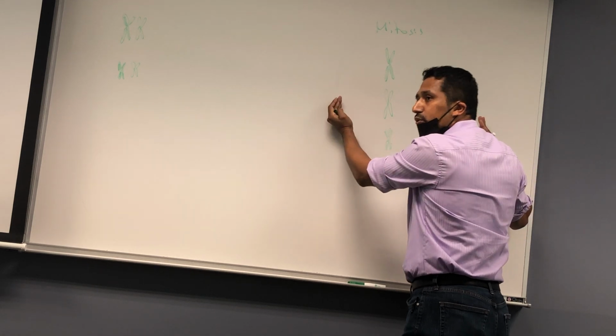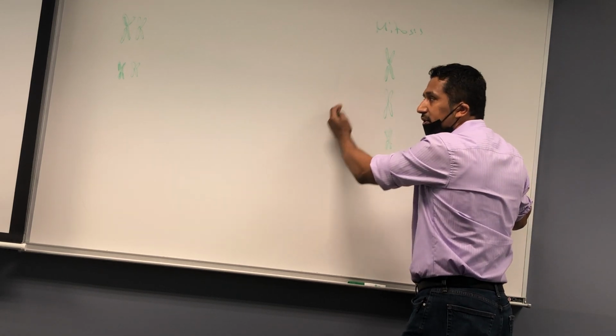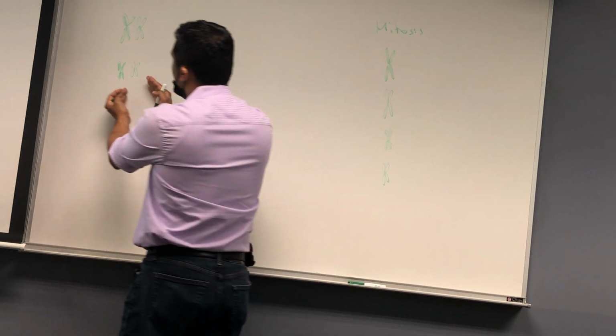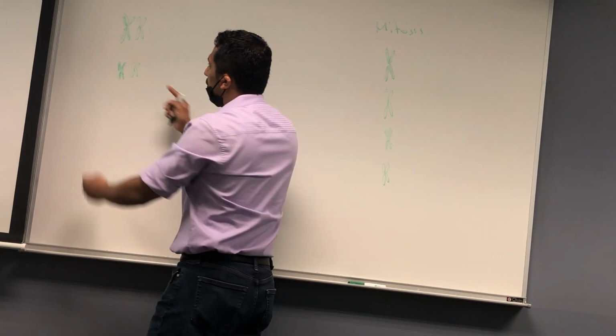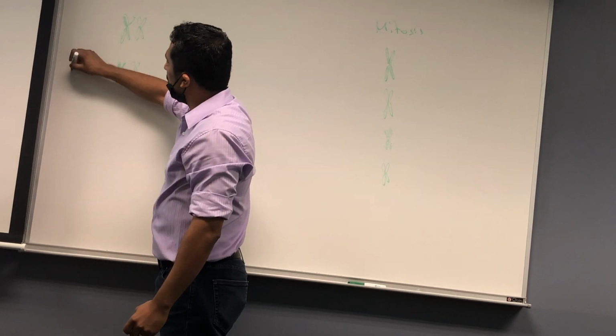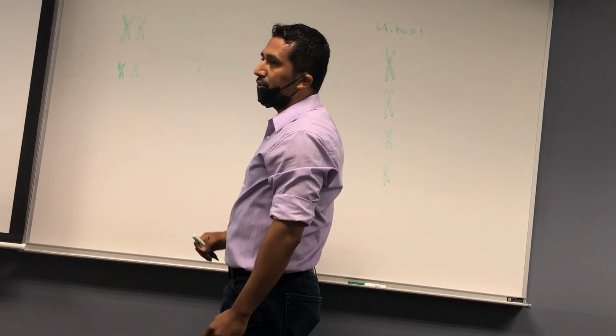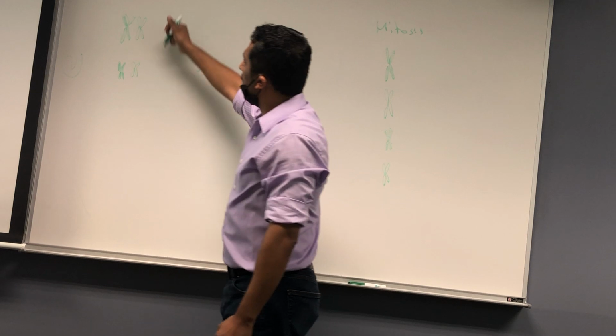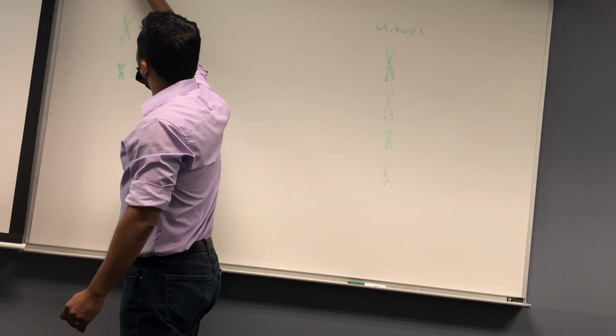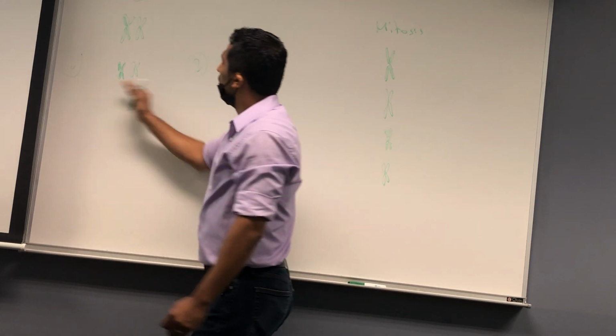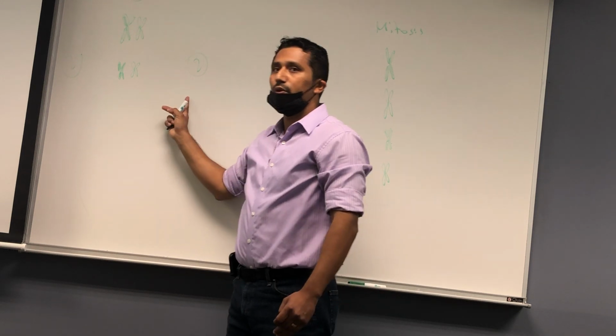And now you have two identical daughter cells. In this case, when the cells divide, this cell will have two chromosomes, and this cell will have two chromosomes, right? It went from having 4 chromosomes to now the two daughter cells only having 2 chromosomes.